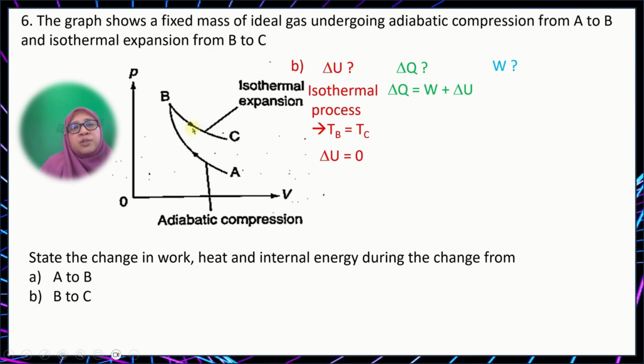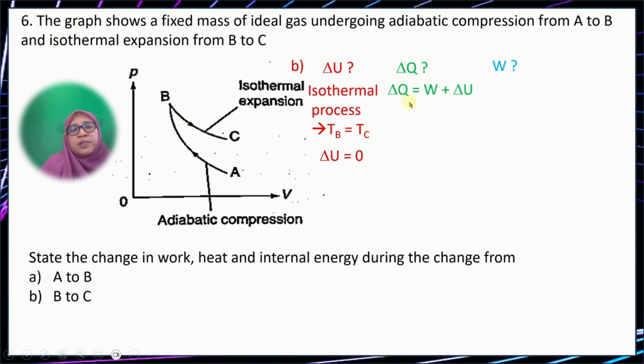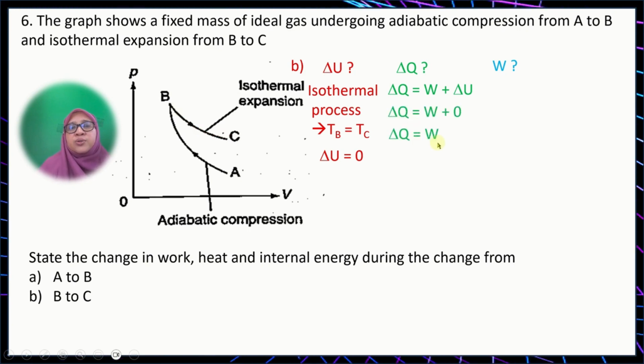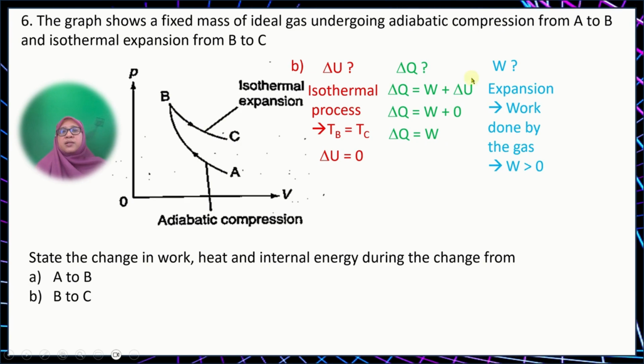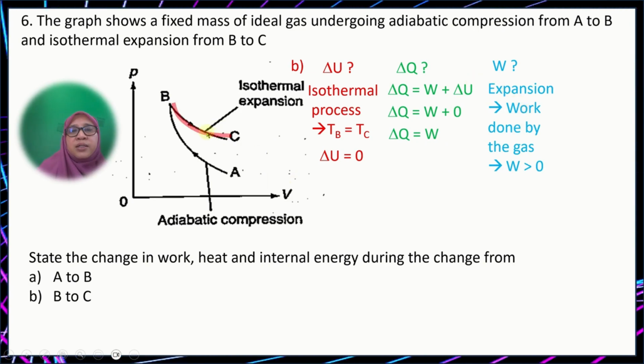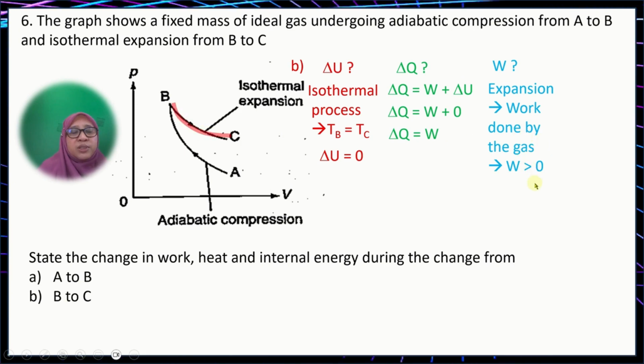So if the work is positive, that means delta Q is also positive, so the heat is absorbed by the system. So delta Q equals the work, which is positive because this is expansion, the work done by the gas.